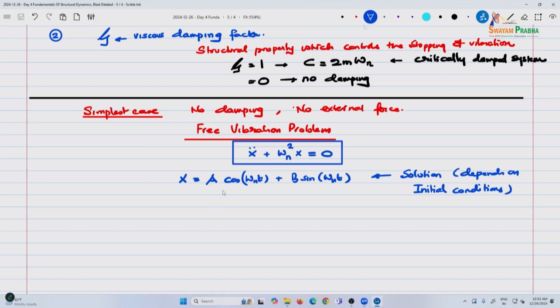So, the initial conditions here are, let us assume, for example, at t equal to 0, x equal to 0, and x dot, which is your initial velocity, is 0.